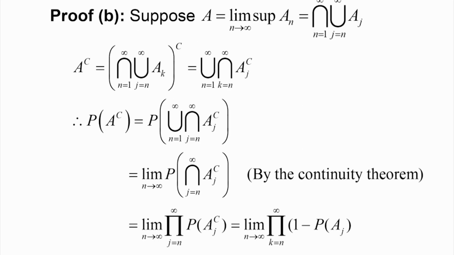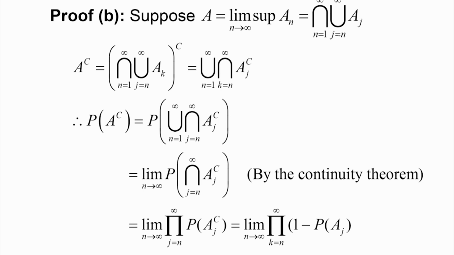We will prove part B. Here we have considered a sequence of independent events. Now, the event lim sup of A_n as n tends to infinity, let us call this event A, suppose. So we want to show that the probability of this event, P(A), is equal to 1. So we will consider the complement of this event, A complement.